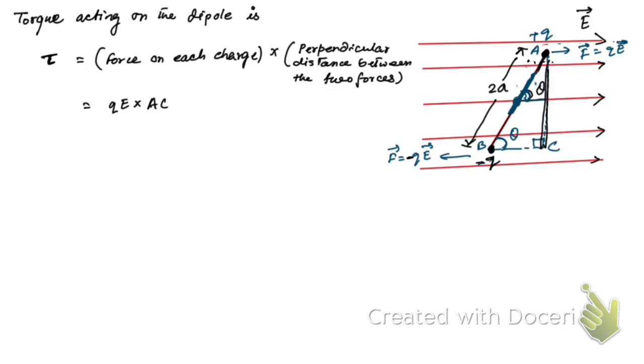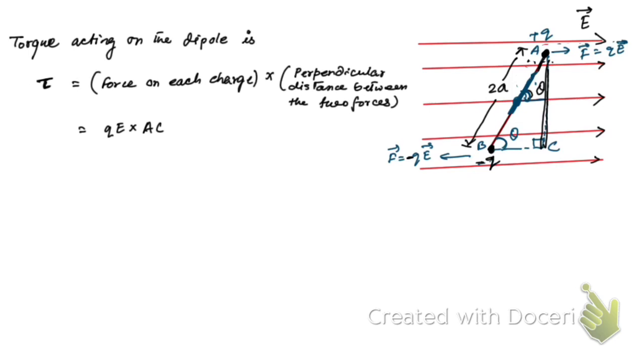Let me mention one more thing: AC is perpendicular to BC. So this is what we have got for torque.